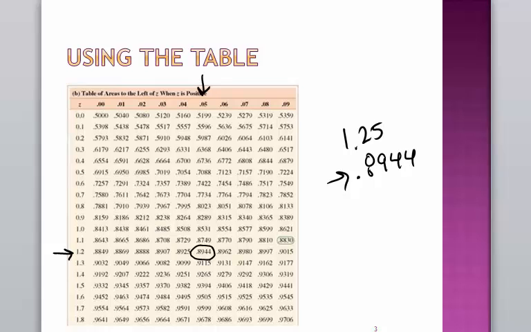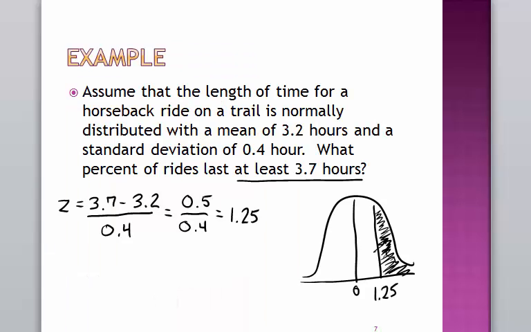And so we'll return to our problem, remembering 0.8944. And again, remember that 0.8944 is the area from the number that we looked up, which was 1.25, back to the left.